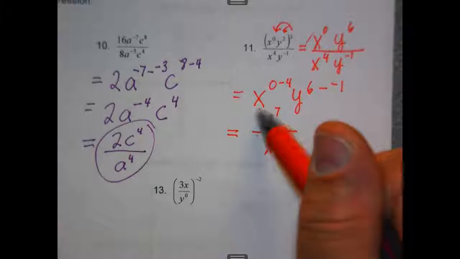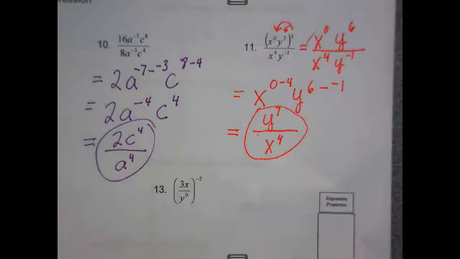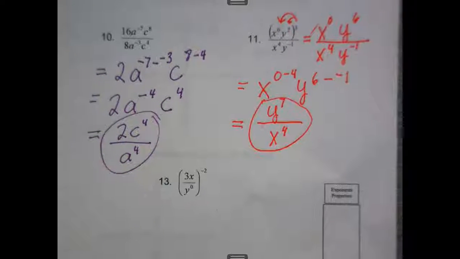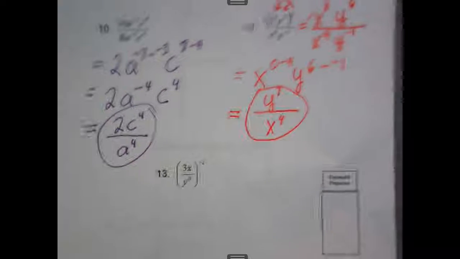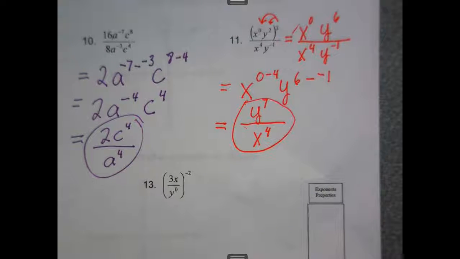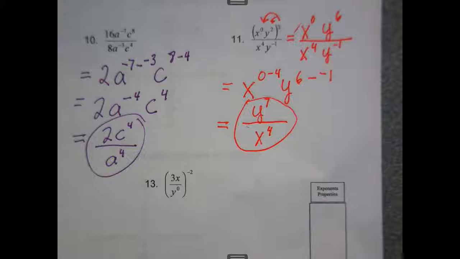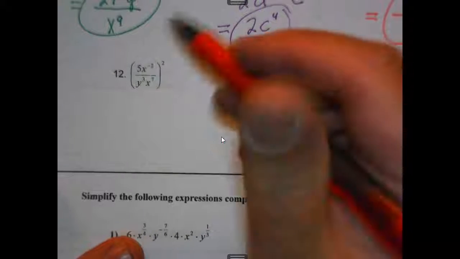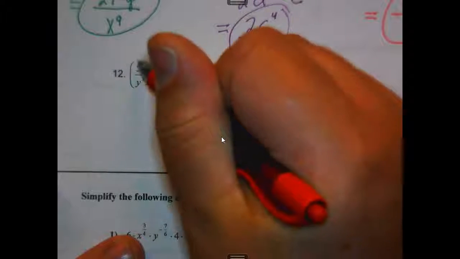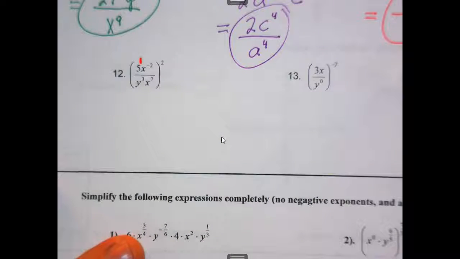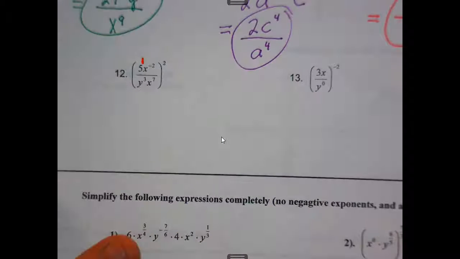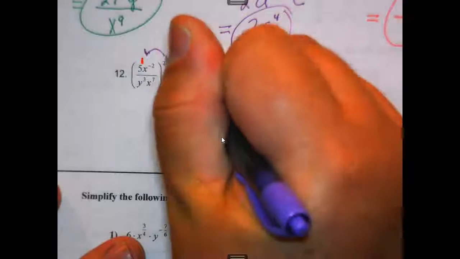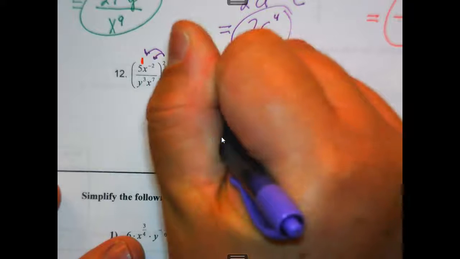Okay. Are we good? Good so far? Number 12. Let's see, this has an exponent outside. So I have to multiply every exponent, don't I?